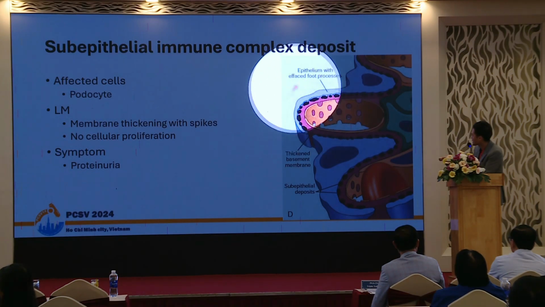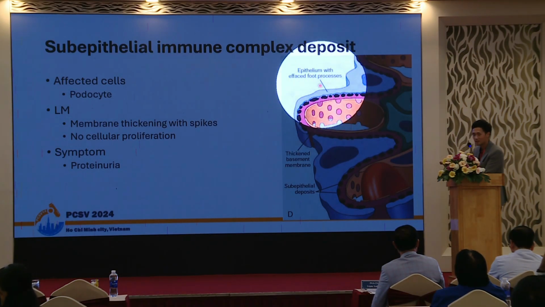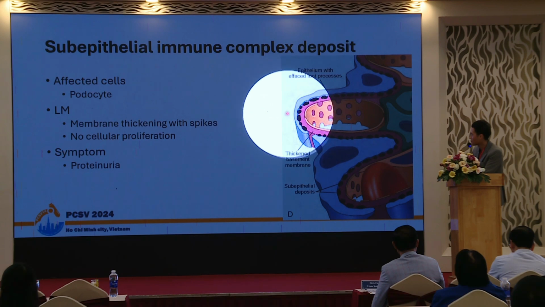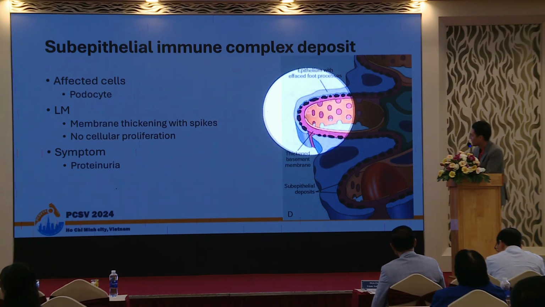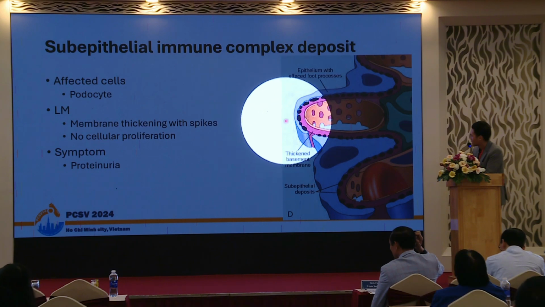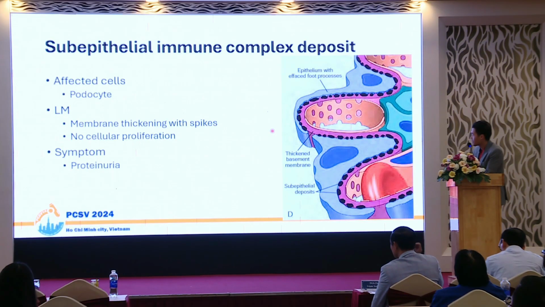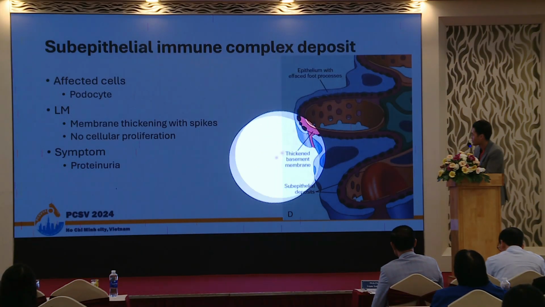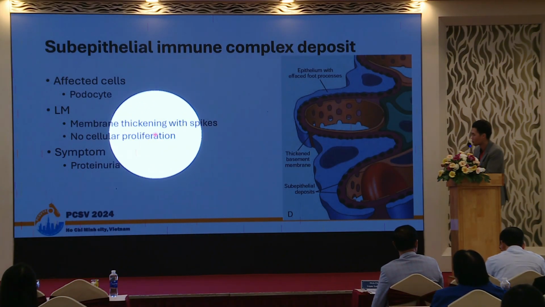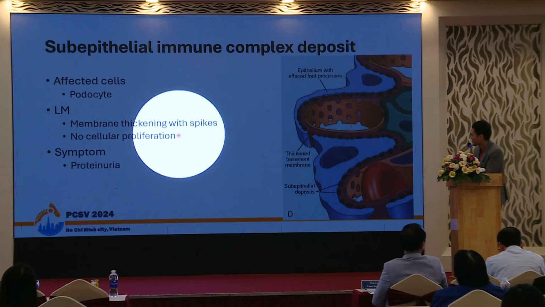And because of this subepithelial deposit, the glomerular membrane looks thick, and sometimes they can make a spike. Because podocytes have no or very little potential for proliferation, in this case there is no cellular proliferation or inflammation.